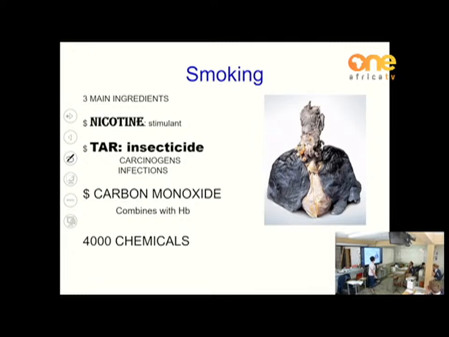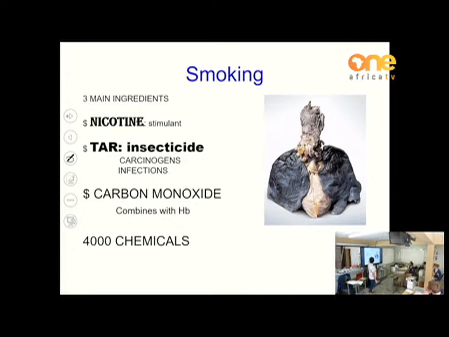Your lungs will start to produce much more mucus to help get the white blood cells there so that it can fight the infections. And you have a build-up of mucus full of tar, and the oxygen cannot move through that.